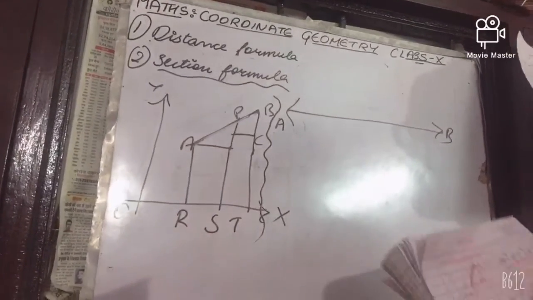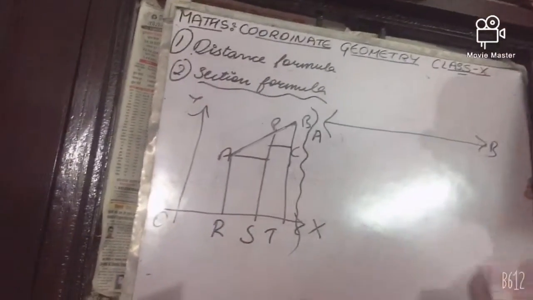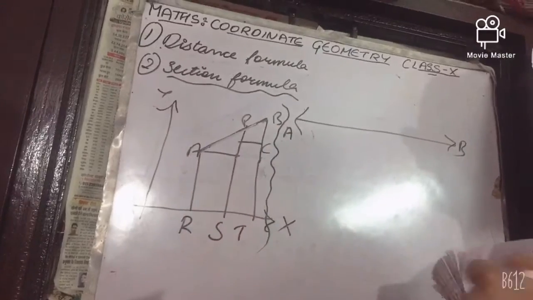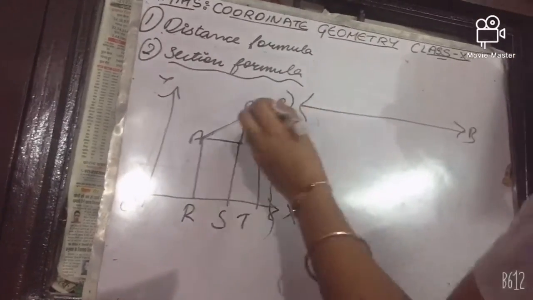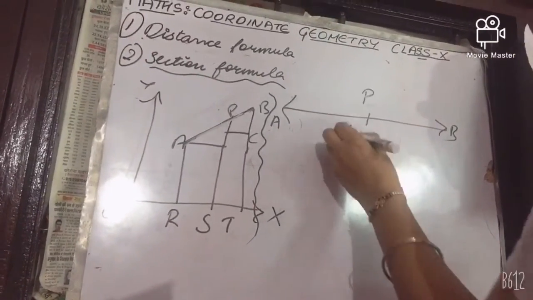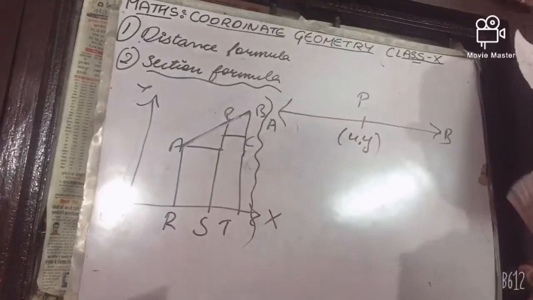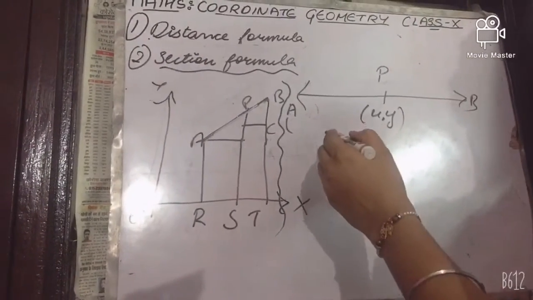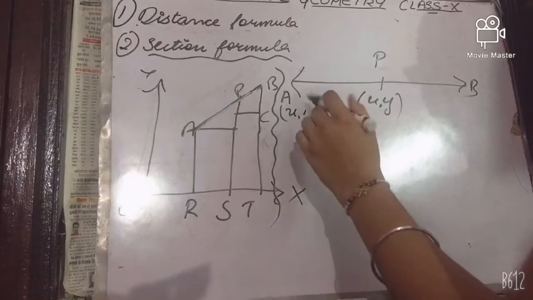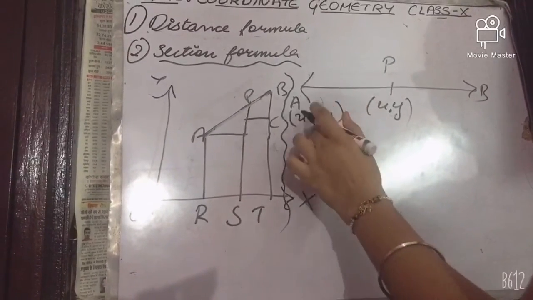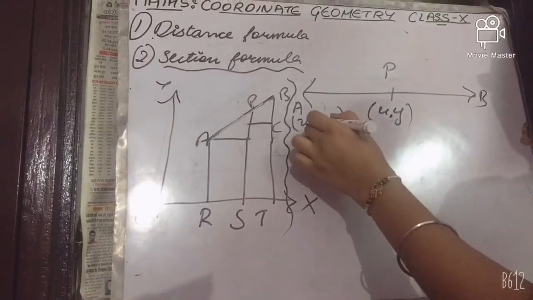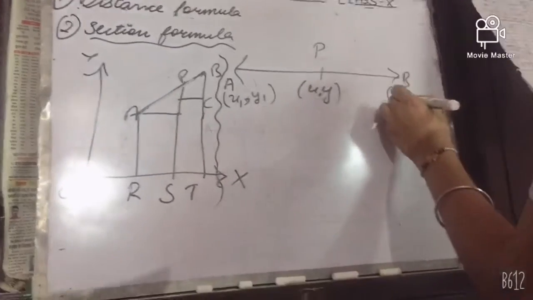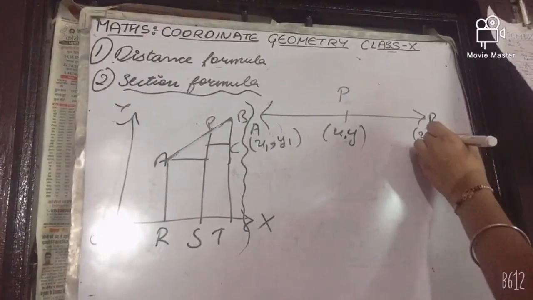This is the section formula. In the section formula you have to find the coordinates. This is P, and this is given as x comma y. This is given as x1 comma y1, and this is x2 comma y2.